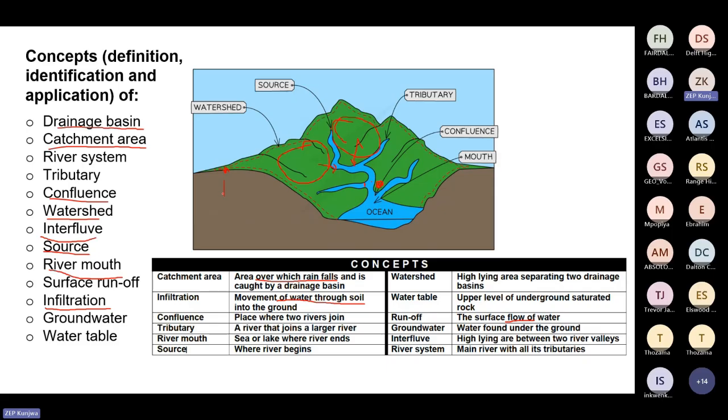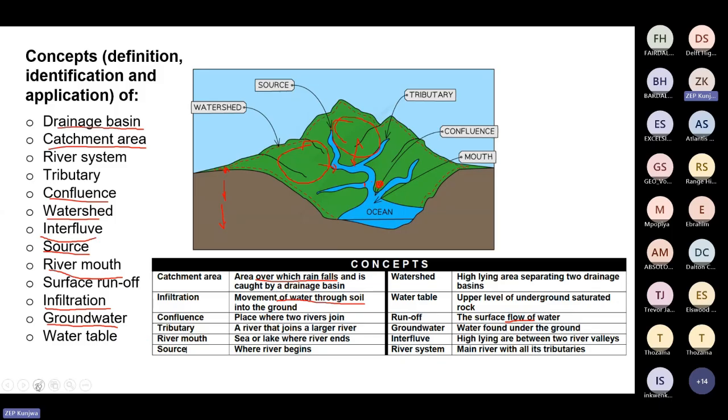And then now you have groundwater. Your definition says water found under the ground. That is a fact. Groundwater is the water that is found under the ground. However, I need to highlight something for you, because you are going to look at another definition right now, which is the water table.